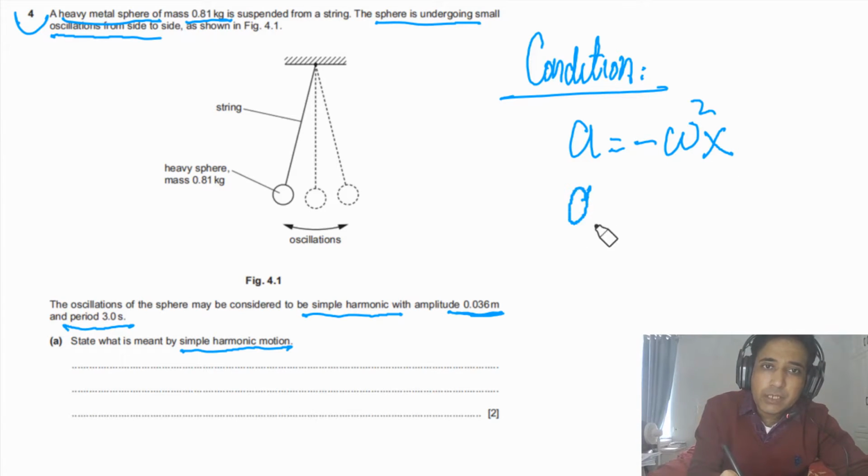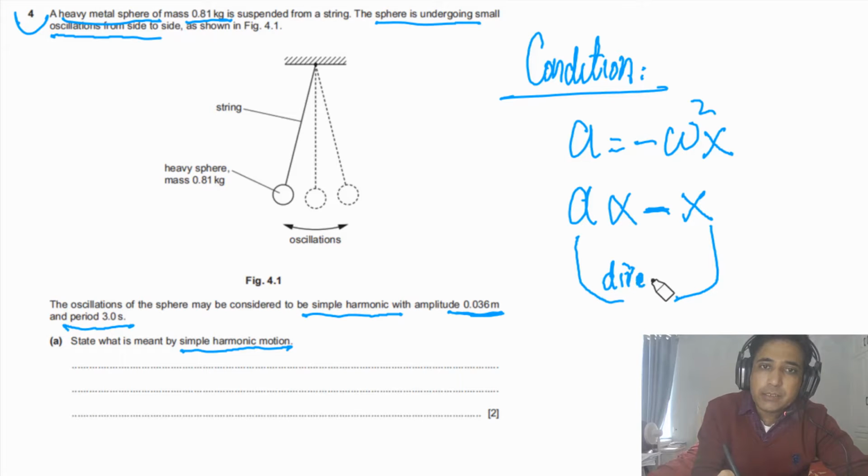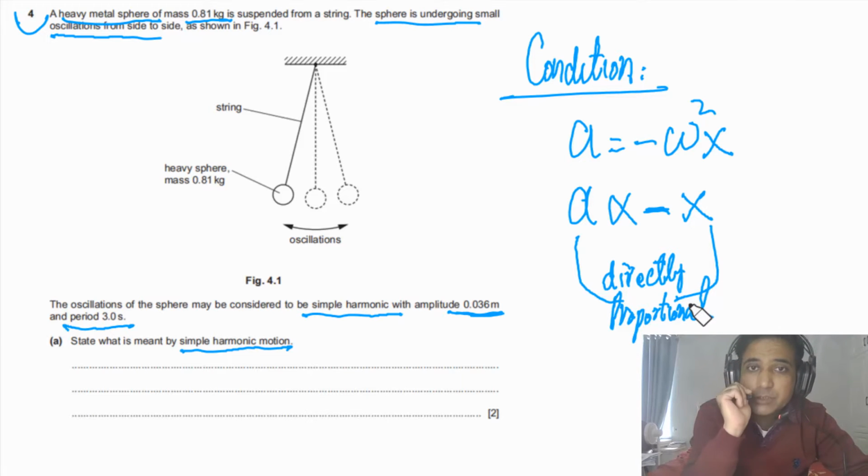So we can say a is directly proportional to minus x. So simply you can say a and x, x is the displacement, are directly proportional. A and x should be directly proportional to each other if motion is simple harmonic motion.